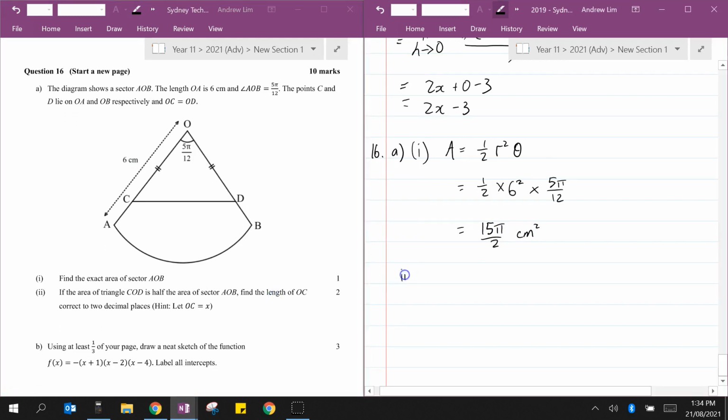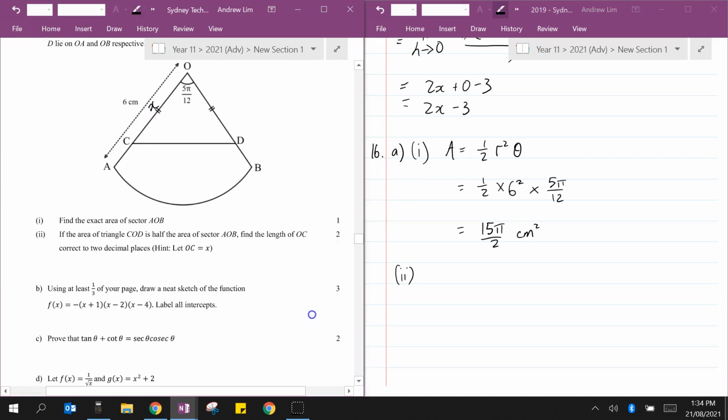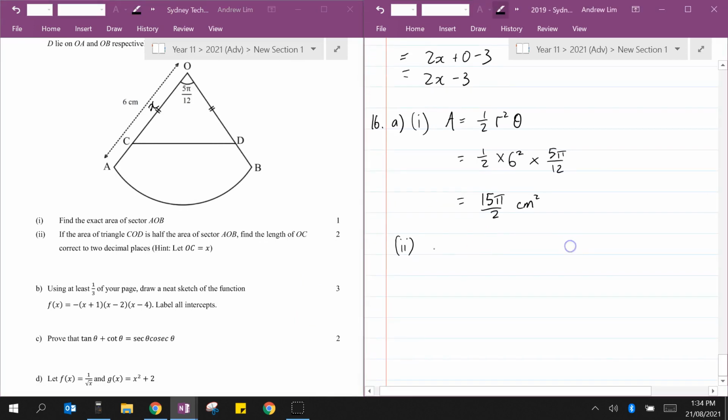Part 2. If the area of triangle COD is half the area of sector AOB, find the length of OC, correct to 2 decimal places. Let OC equal x. Okay, what we need to do is work out the area of triangle COD.